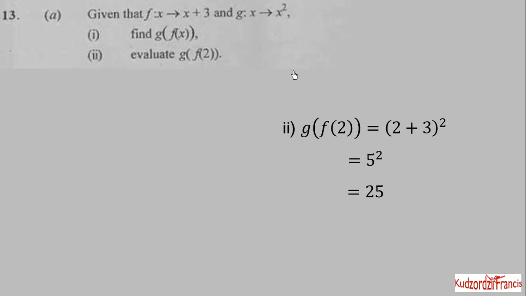So you know f of 2, if you put 2 here you get 3, so put 3 plus 2, that will give you 5. 5 squared will be 25.